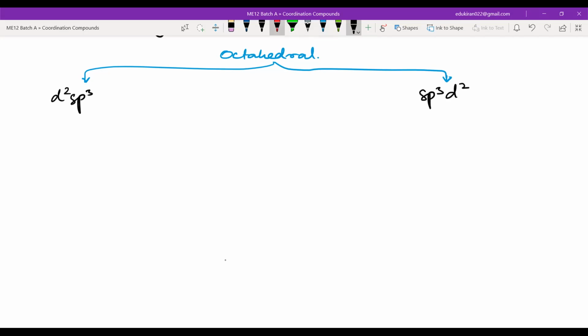If we analyze all of these, then in d2sp3 the d is always n minus 1 d, and these two are ns and np. If it is sp3d2, all of these are ns, np and nd.